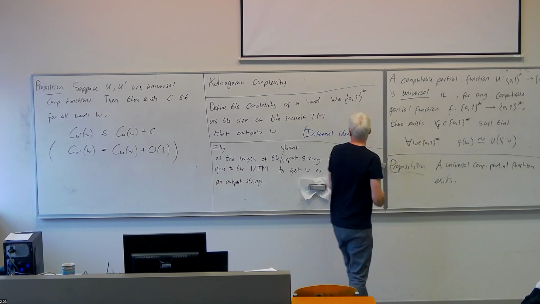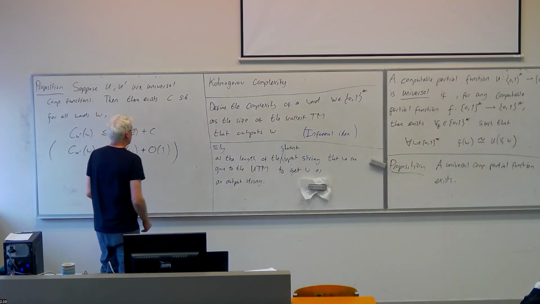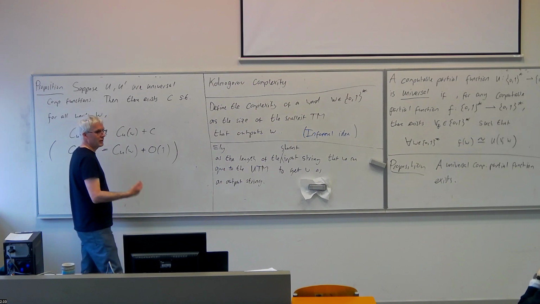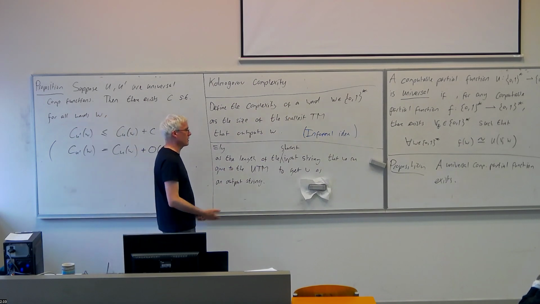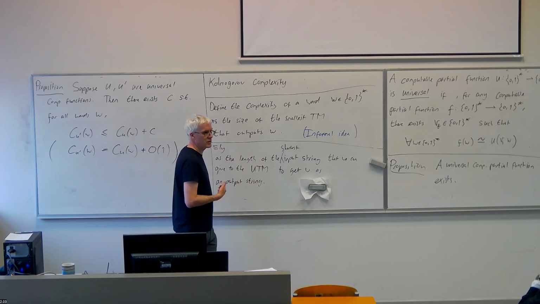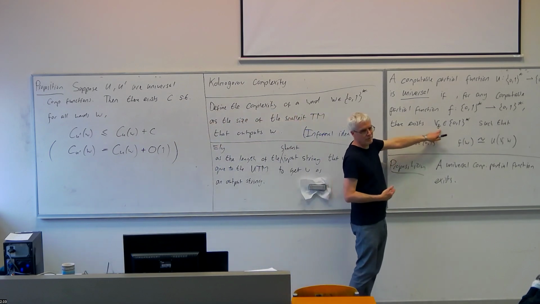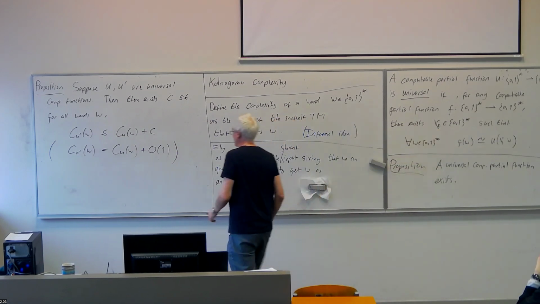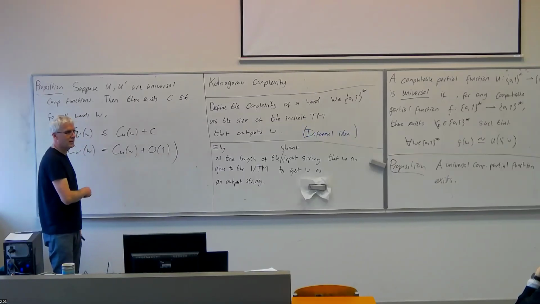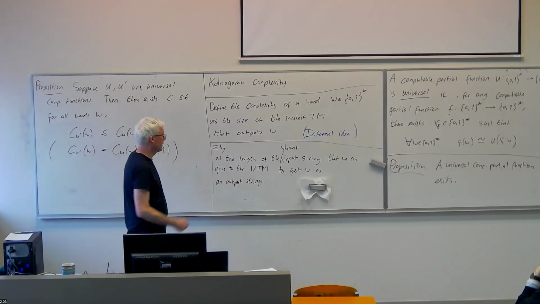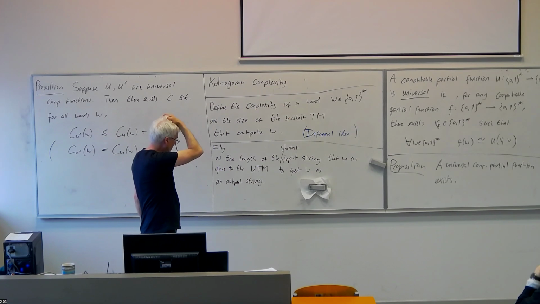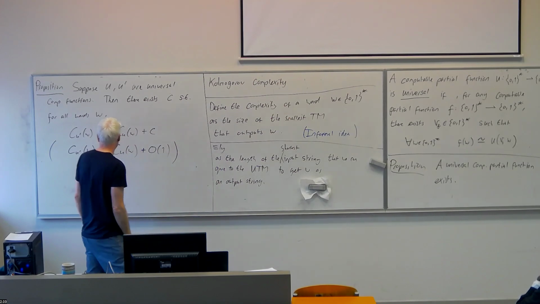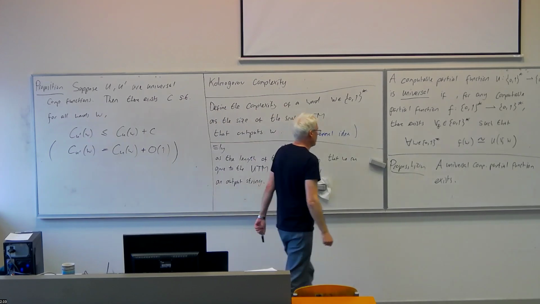Then we can convert any computation involving U prime to a computation involving U by prefixing it with the prefix V sub U prime. And that prefix is our additive constant that fits into this inequality. It works the other way for the other direction.